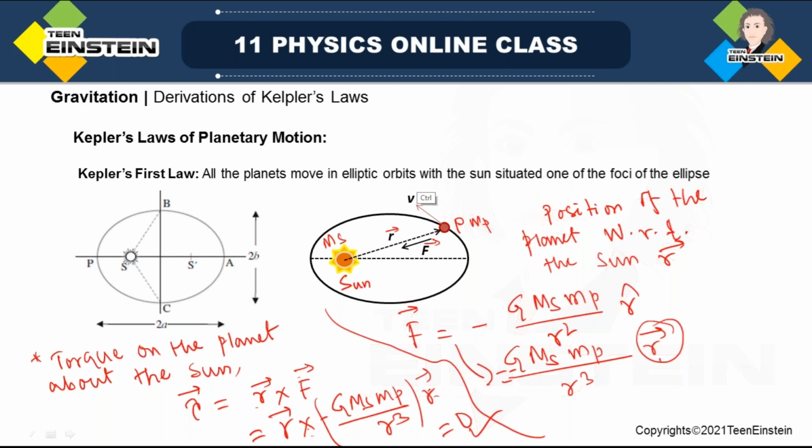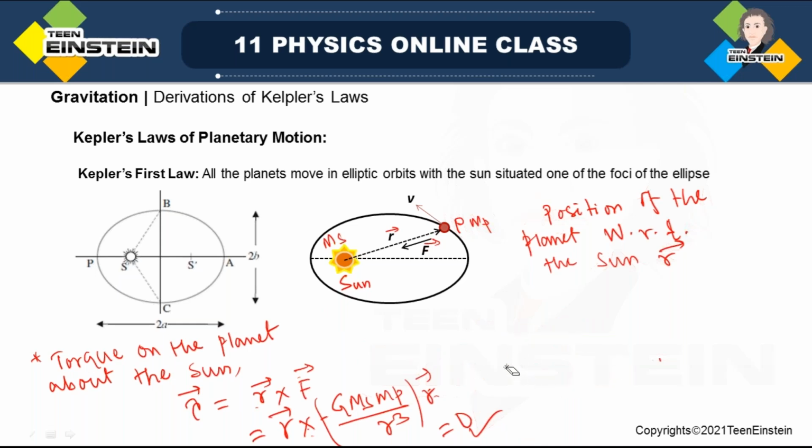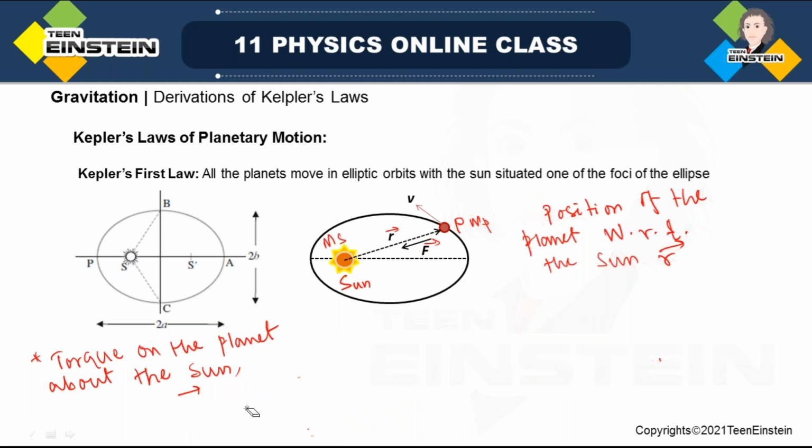So I'll write this result. Maybe I'll remove this part from here. Since we have learned the torque, I'll write the final result that the torque on the planet about the sun is tau equal to 0.